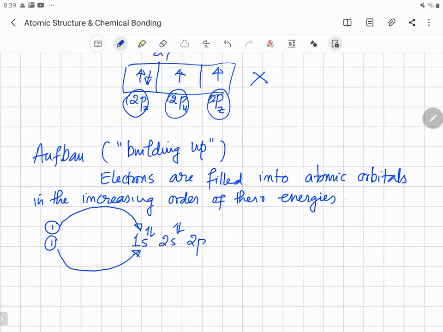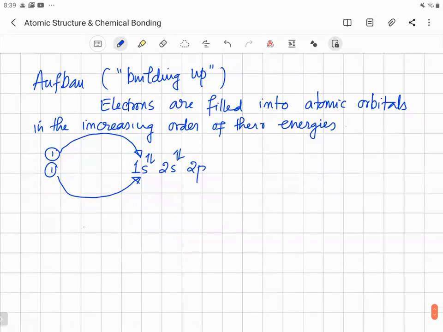This is how the electrons are built up in atomic orbitals, right? By increasing order of atomic orbital energies. And this rule is known as the Aufbau principle or building-up principle. Say, for example, in the case of a carbon atom, which has 6 electrons, the first electron will go to the 1s atomic orbital.